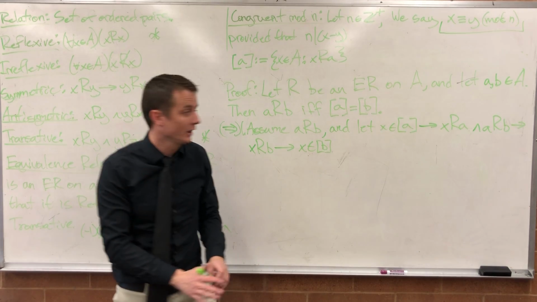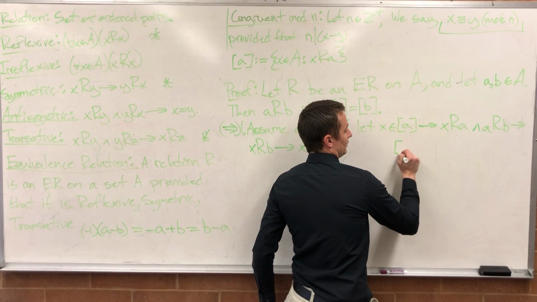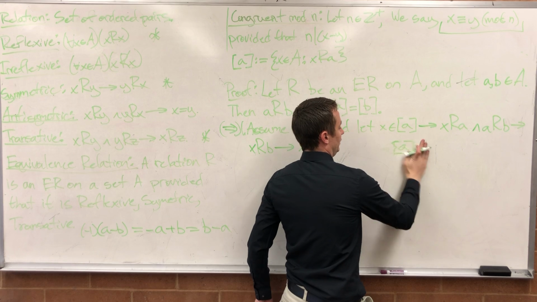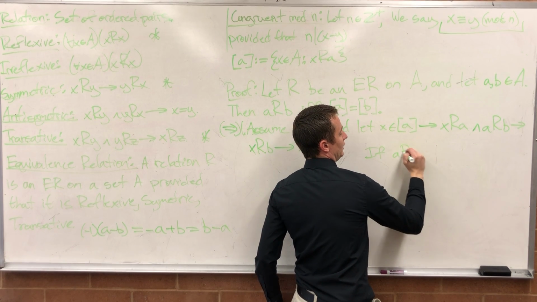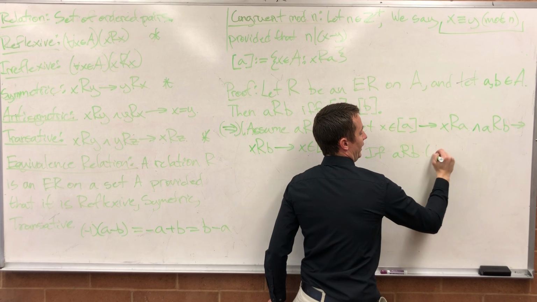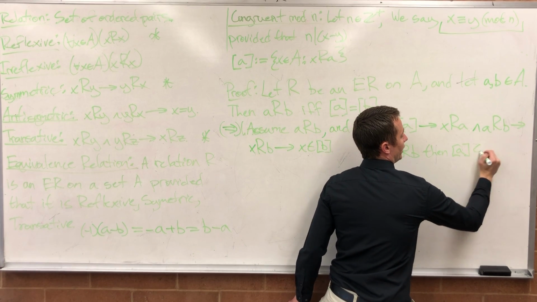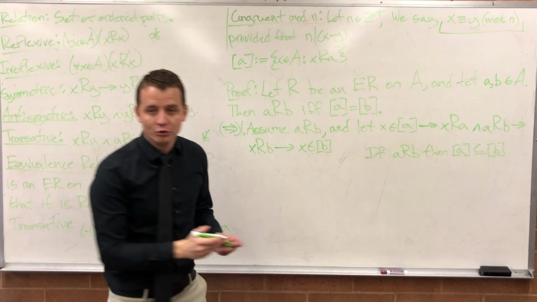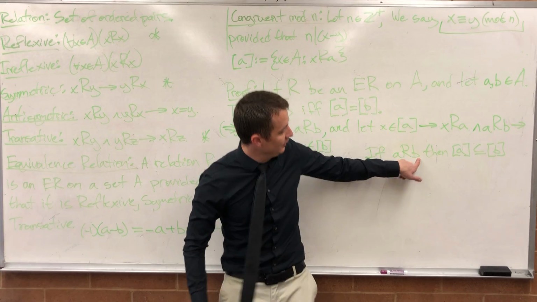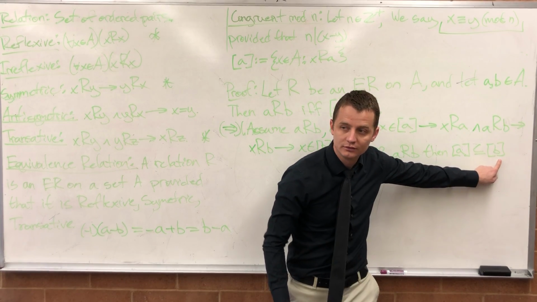Follow through the logic one more time of what we just barely did. What we showed is that if A is related to B, then the equivalence class of A is a subset of the equivalence class of B. We just showed that if A is related to B, then anything we grab in here is also in here.